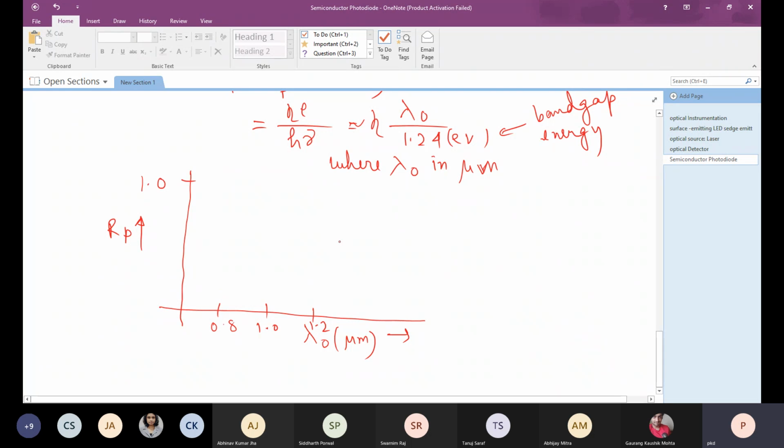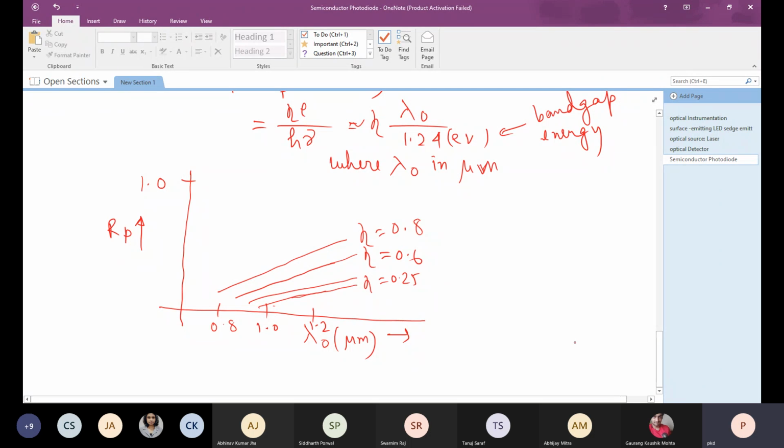Usually these can be straight lines corresponding to various eta, say eta equal to 0.25, eta equal to 0.6, eta equal to 0.8, etc.